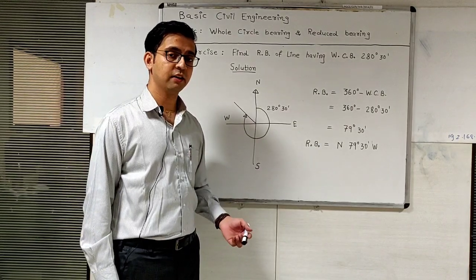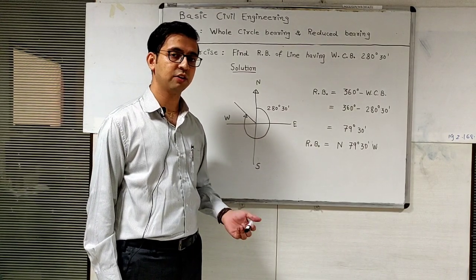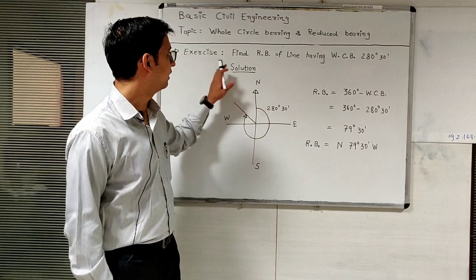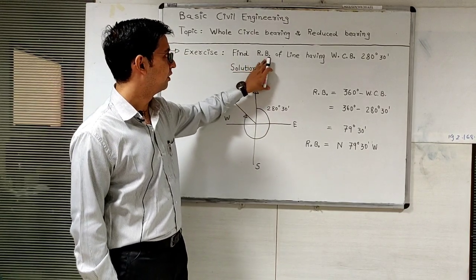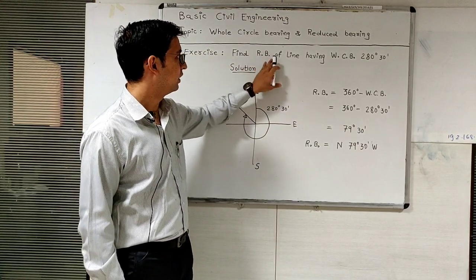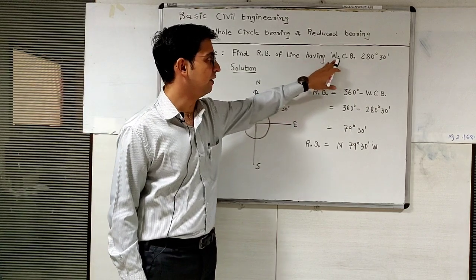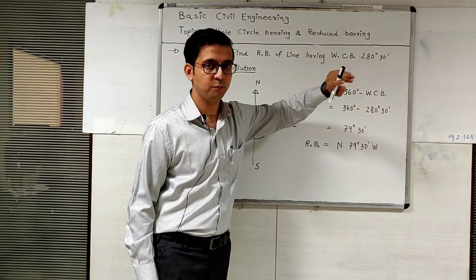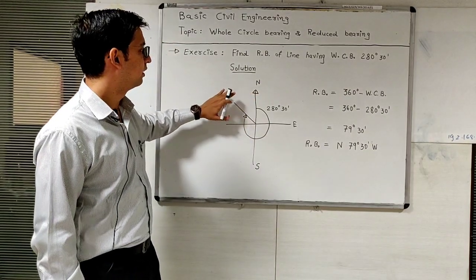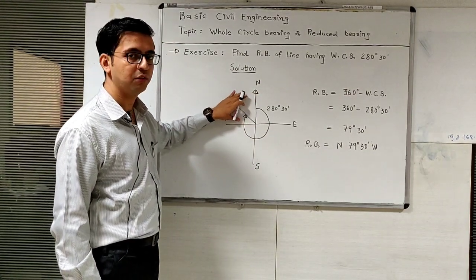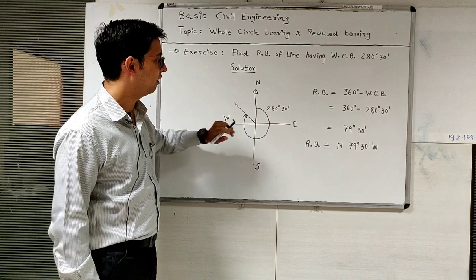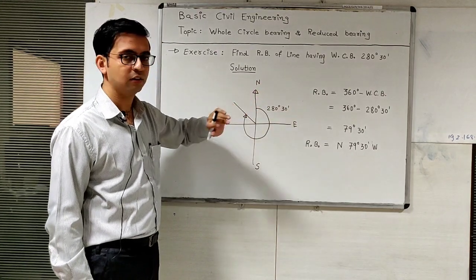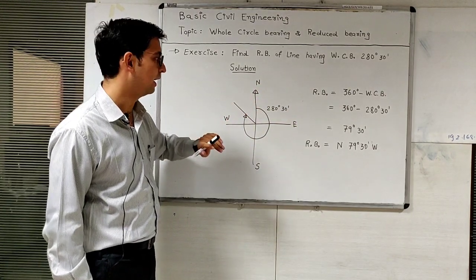To understand this conversion exercise, let's solve some examples. So first example: find the reduced bearing of a line having whole circle bearing 280 degree 30 minute. For calculating the reduced bearing, first of all draw the whole circle bearing of this 280 degree 30 minute line.